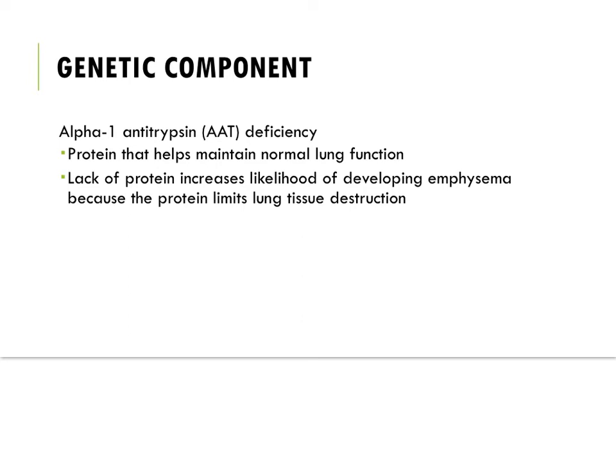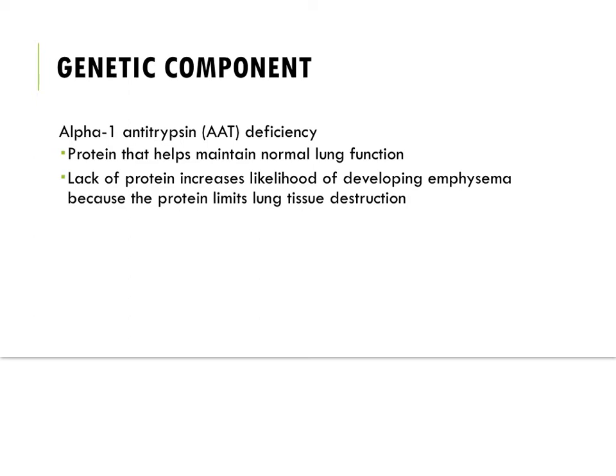The genetic component is what we call a deficiency in the alpha-1 antitrypsin, and this is a protein. And it is only present in about 1 to 2% of patients that actually have COPD.